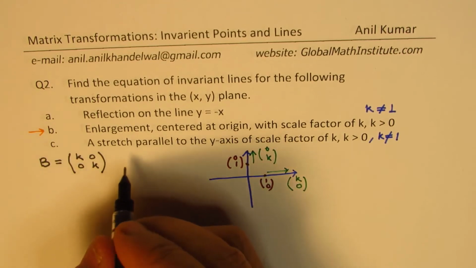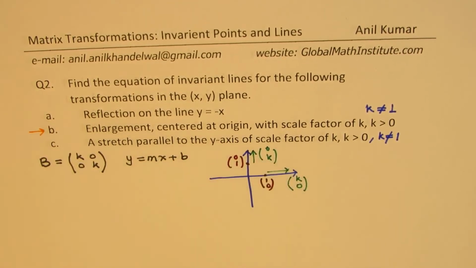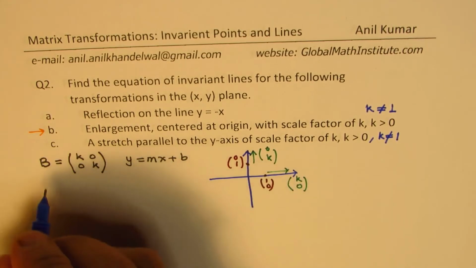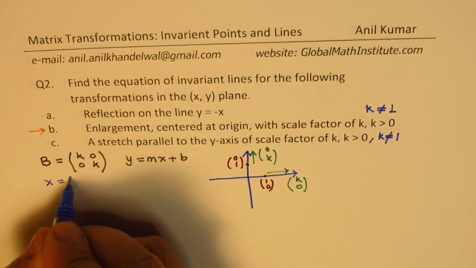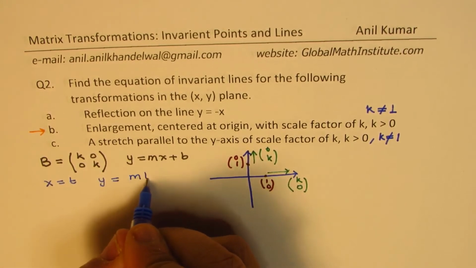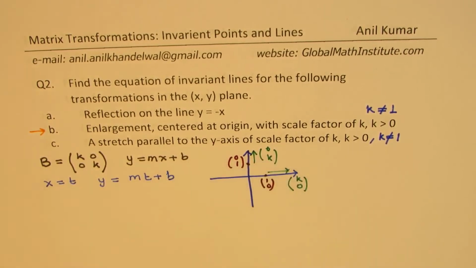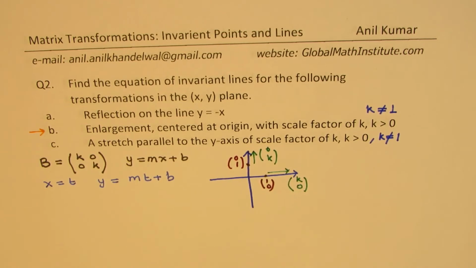We're talking about a line which is y equals mx plus b. Whenever we want to apply the transformations, we take the parametric form. So if x equals t, in that case y equals mt plus b. The y-intercept you could write as a, b, c, or any letter for that matter. b and c are normally taken.